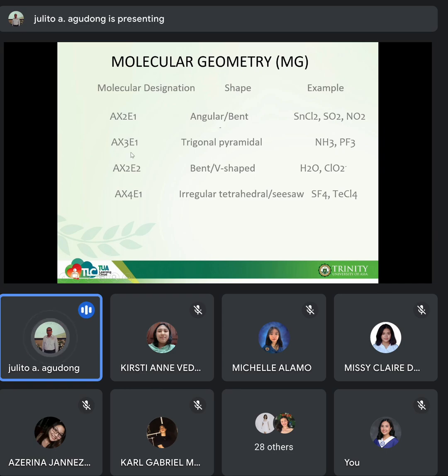The next molecular shape designation is AX2E2, meaning there are two atoms surrounding your central atom, and there are two non-bonding pairs that rest on your central atom. Okay, this is now your V-shape or bent molecular geometry. This is different from the angular or bent molecular geometry.